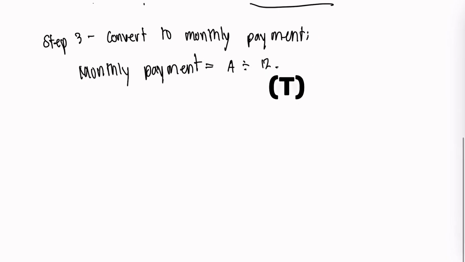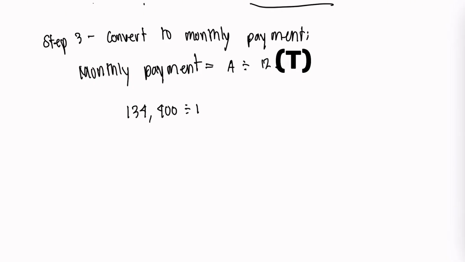So the value of A is 134,400 divided by the time, which is 1 year, equivalent to 12 months, which is equal to 11,200 pesos. So that's our monthly payment.